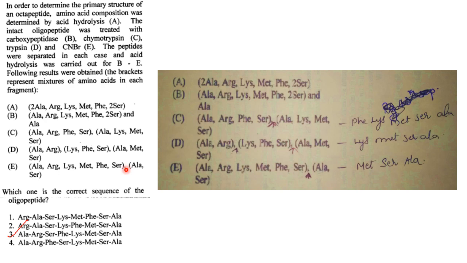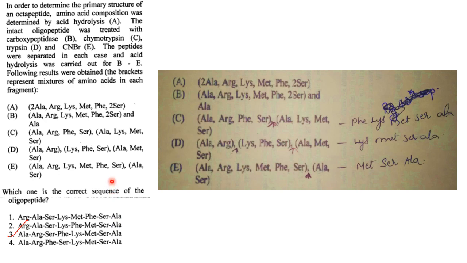So you will get the end of the sequence as methionine, alanine, serine, or serine, methionine, alanine, or alanine, serine, methionine. Sorry, methionine will not come in the middle. It will be methionine, alanine, serine, or methionine, serine, alanine. Either of these combinations should have come. So if you see the options, you can see that methionine, serine, alanine is more common than methionine, alanine, serine. So the sequence at the end should be methionine, serine, alanine. That is at the C-terminal end.